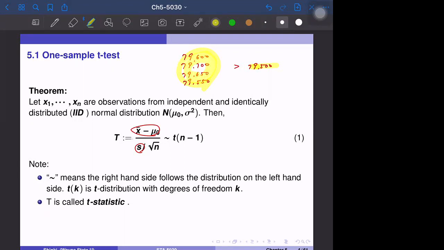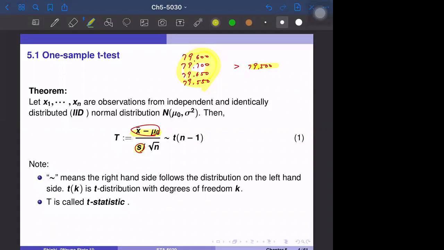So it has to be considered, accounted for, to see if we should reject H naught. So this is the important statistic: just the deviation between sample mean and the hypothesis divided by the standard deviation.